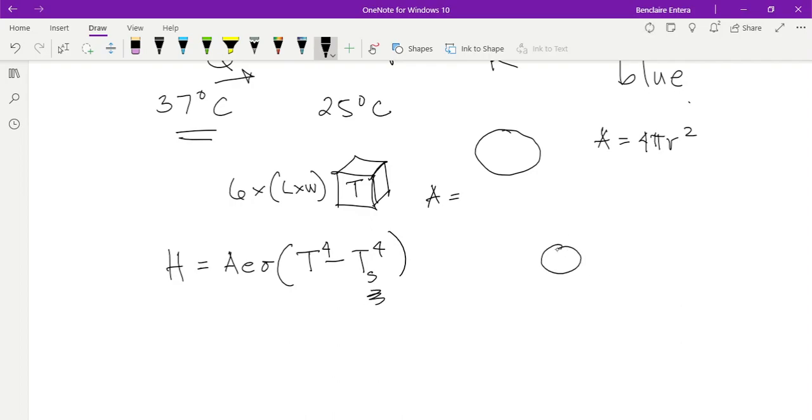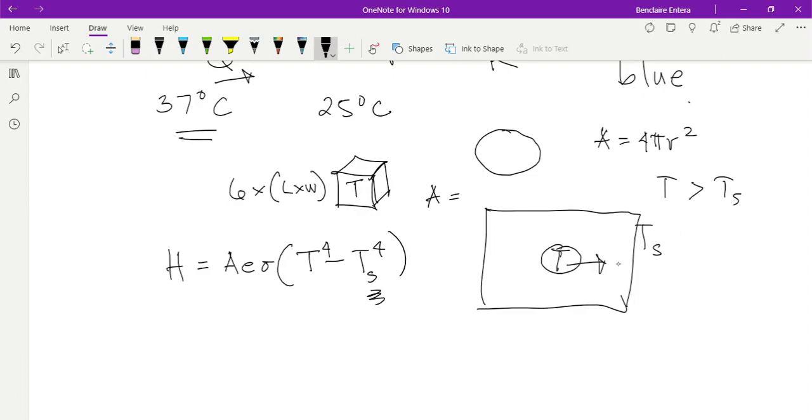For example, your object, a sphere, is in the surroundings. The surroundings have a temperature Ts and the object has a temperature T. If the temperature of the object is higher than the temperature of the surroundings, it emits radiation. It releases heat to the surroundings. But if the surrounding temperature is greater than the temperature of the object, then in this case the object absorbs heat.